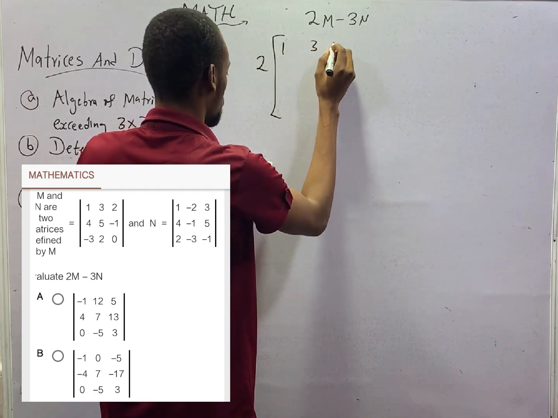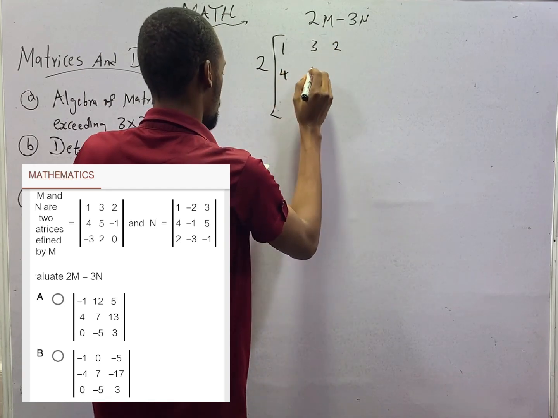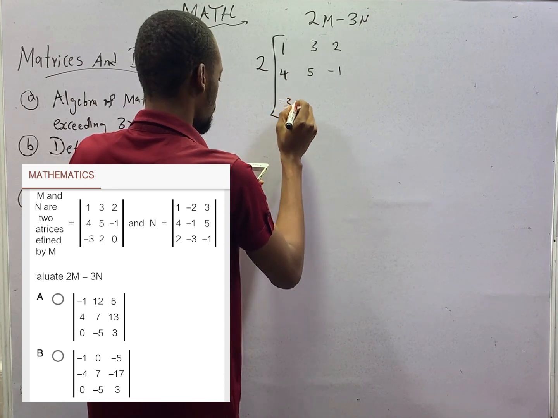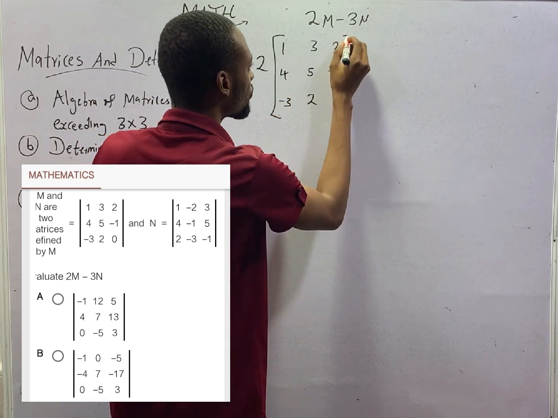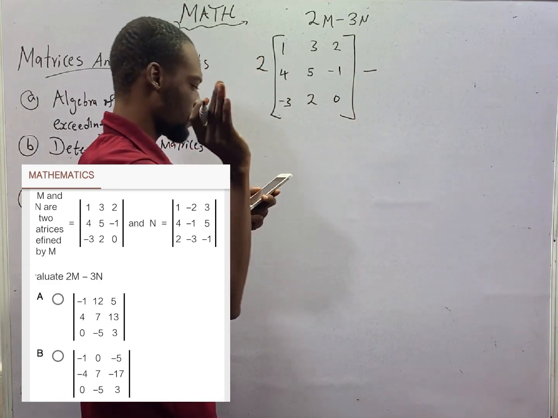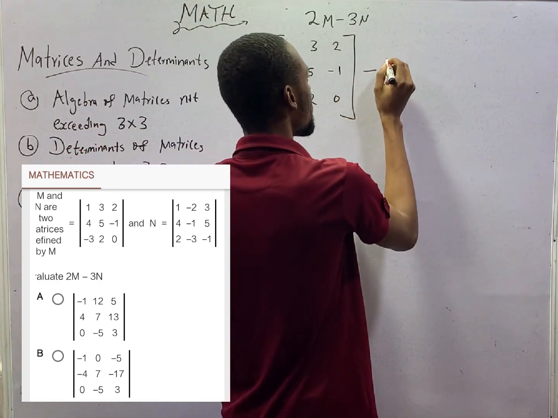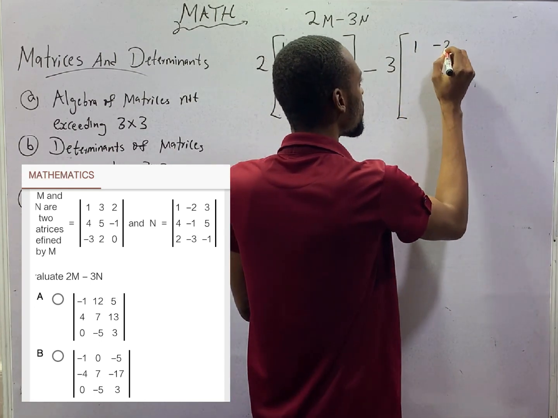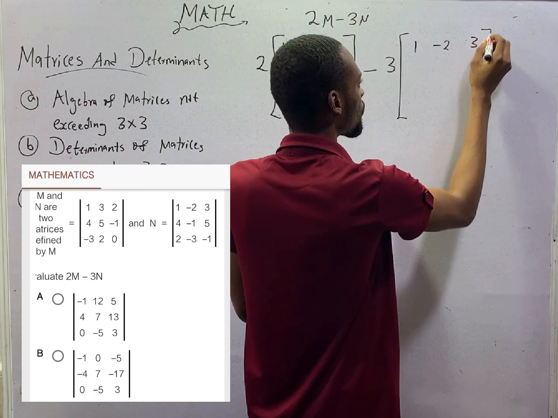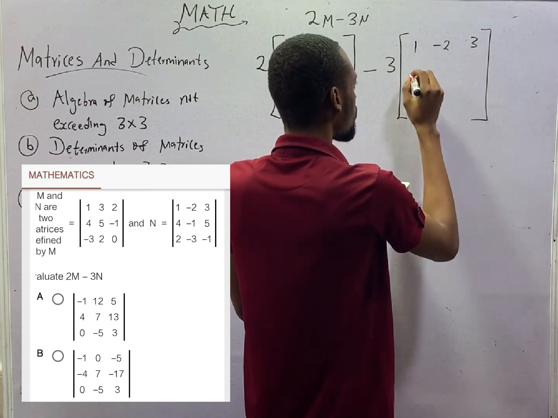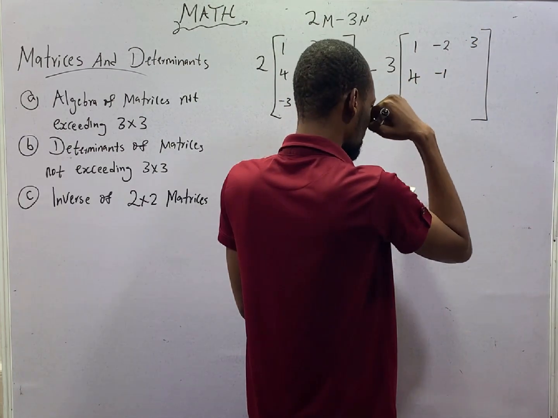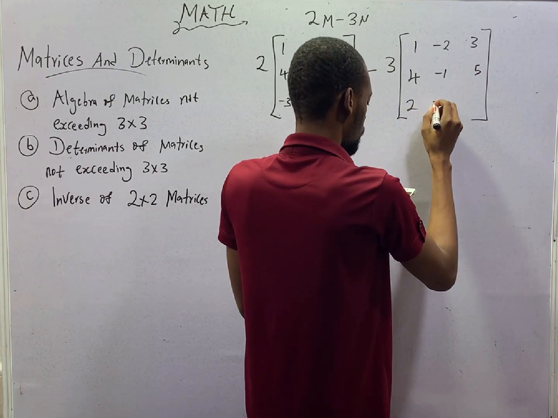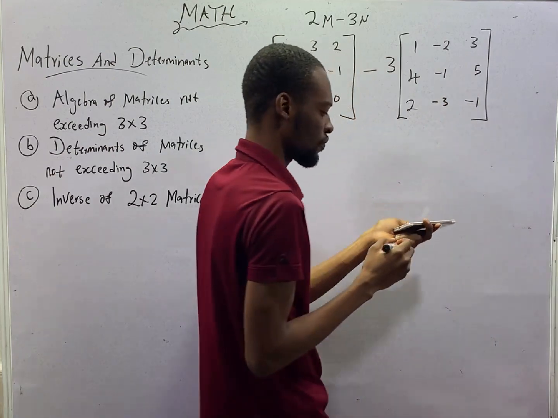1, 3, 2, 4, 5, minus 1, minus 3, 2, 0. Minus 3N, multiply N by 3 to have 1, minus 2, 3, 4, minus 1, 5, 2, minus 3, minus 1.